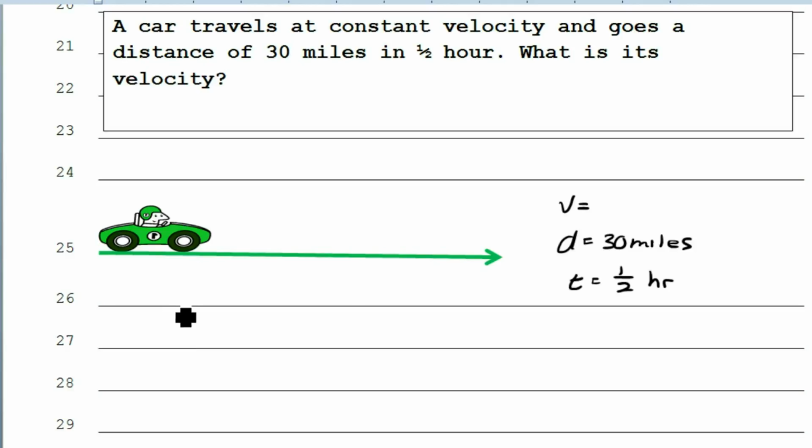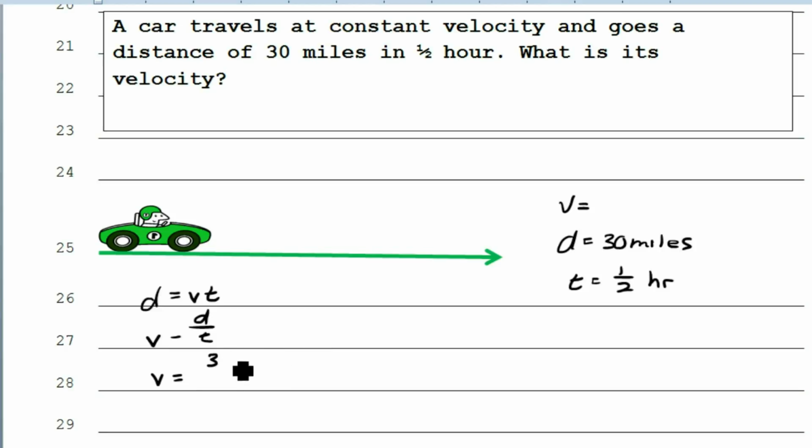And take our basic equation, d equals vt. We want to find velocity, so that means dividing both sides by t. v equals d over t. We just plug in our information we're given.